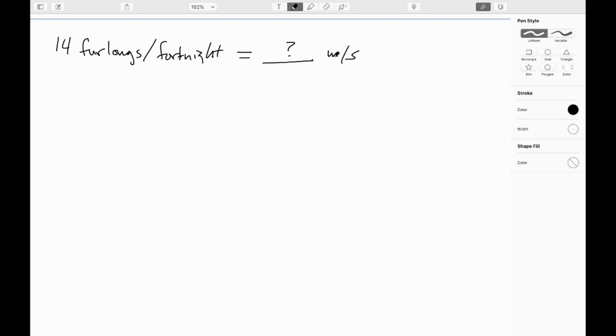A way you can do this is the strategy is you just keep multiplying by the number 1, but doing it in clever ways. So we can start by writing our fraction out, 14 furlongs per fortnight.